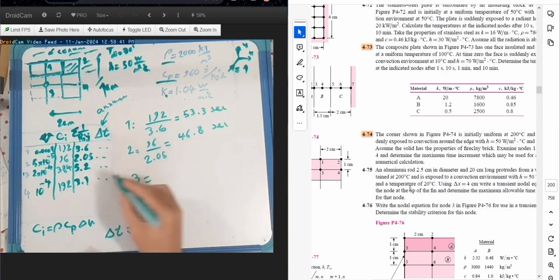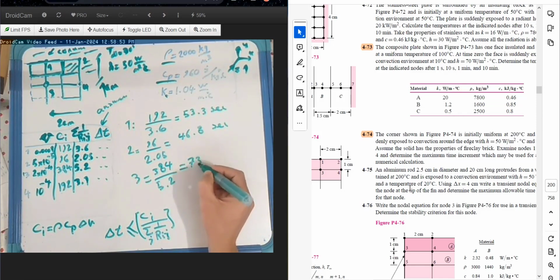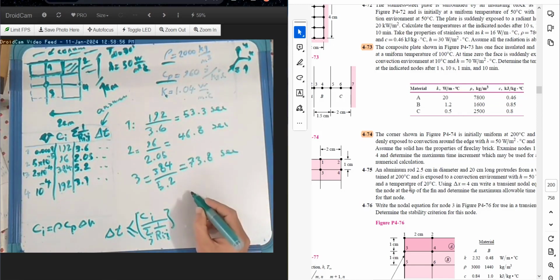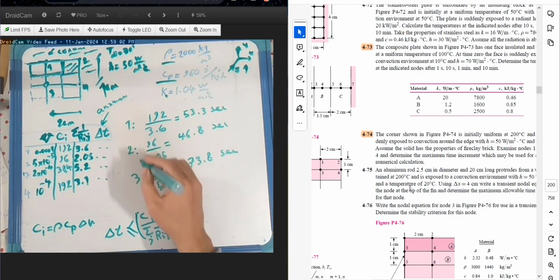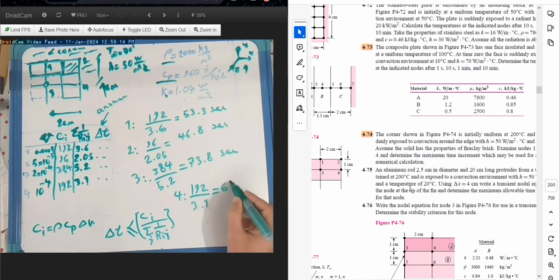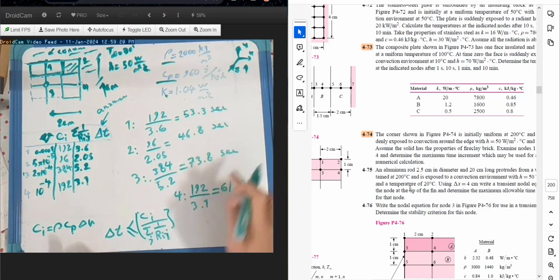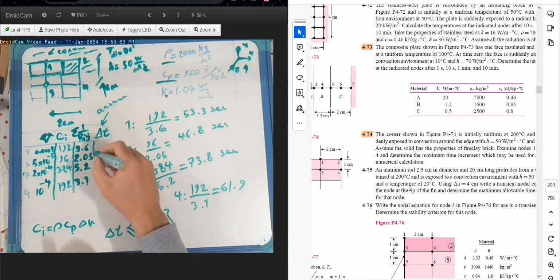For 3, as you can see here, 384 divided by 5.2 will be 73.8 seconds. And last but not least, point 4, 192 with 3.1 in the denominator. The answer would be 61.9 seconds.